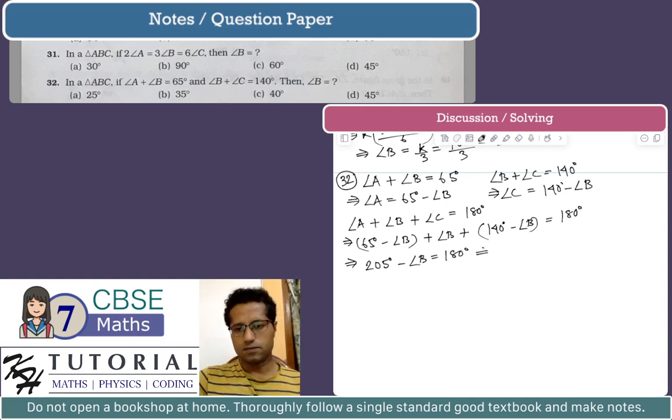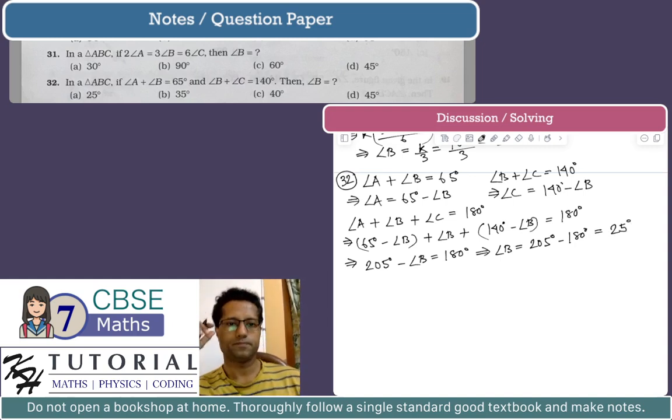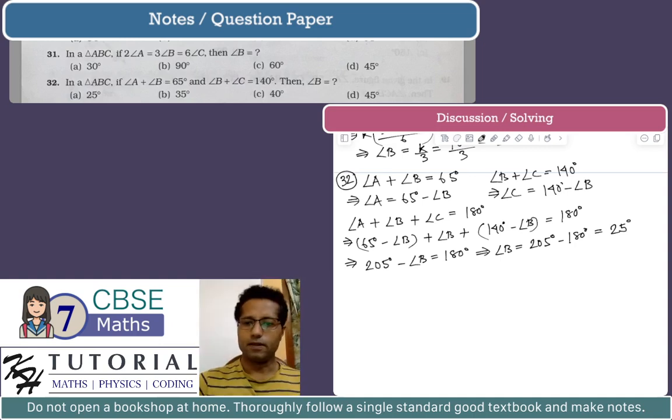So this implies angle B is equal to 205 degree minus 180 degree, which is equal to 25 degree.